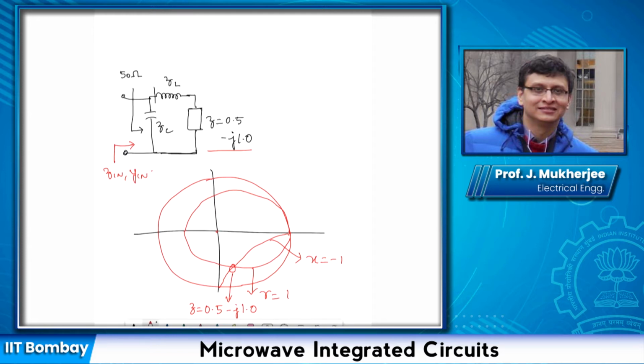Okay, and that should be equal to 50 ohm. So in terms of normalized Zin should be equal to 1.